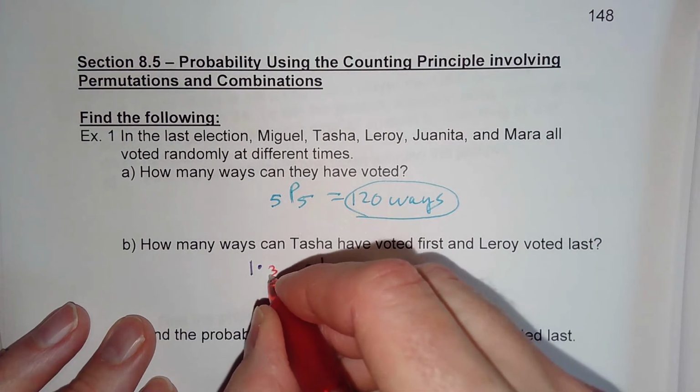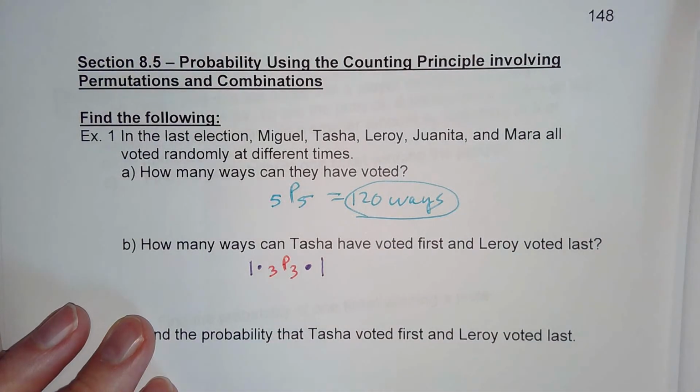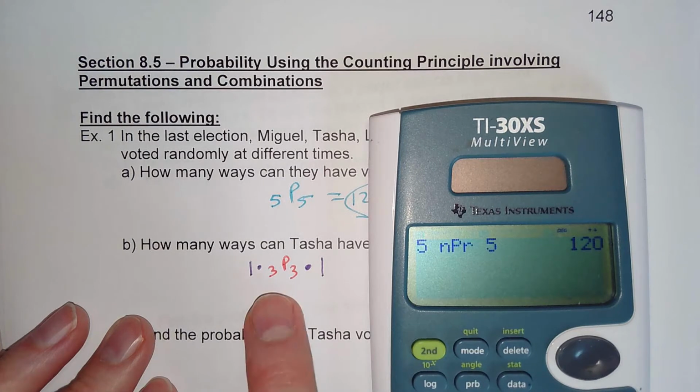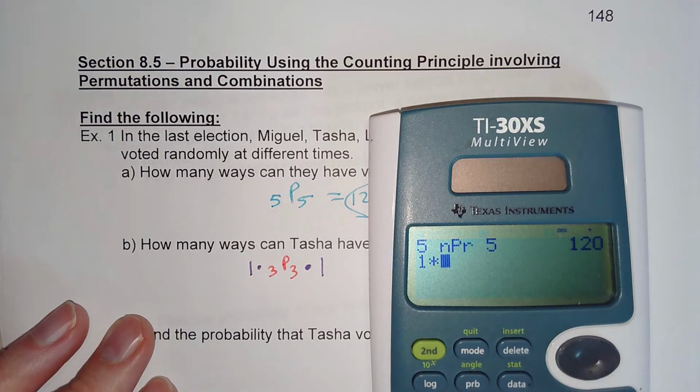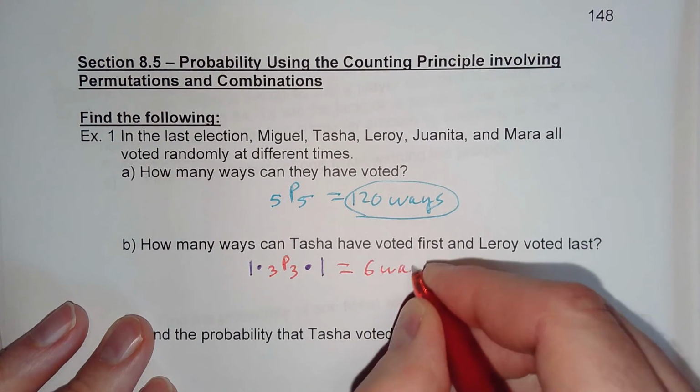That's a permutation of 3 objects taken 3 at a time. Now we can just enter 3 nPr 3, or you can do 1 times 3 nPr 3 times 1. It doesn't matter, it's going to give you the same thing, 6. So there's 6 ways that can happen.